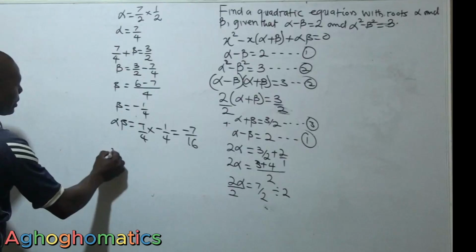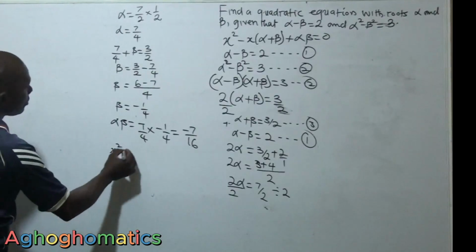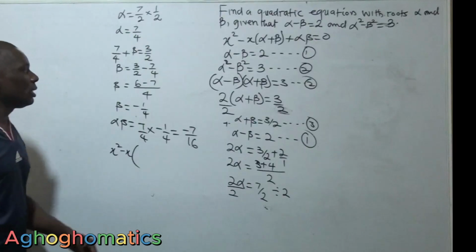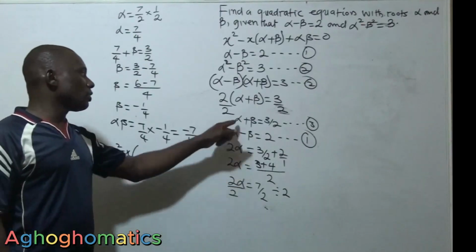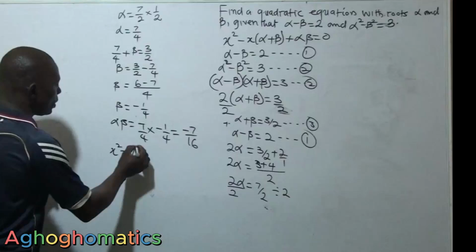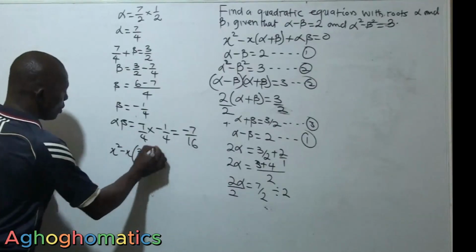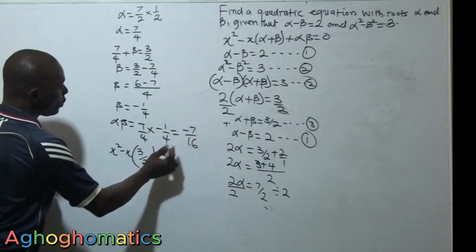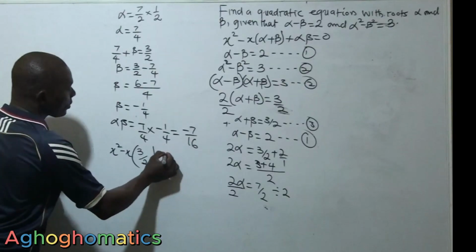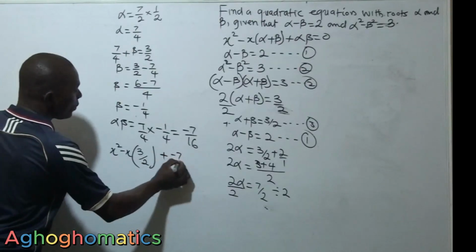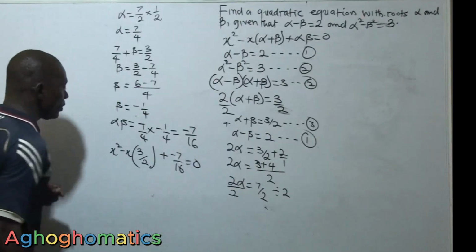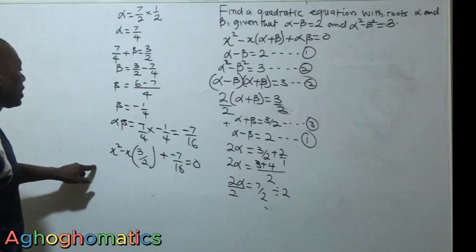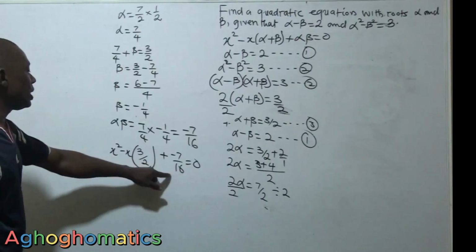We say x squared minus x, open bracket, the sum of the roots, which we've already obtained, is 3 over 2. So here 3 over 2, close bracket, plus the product of the roots, negative 7 over 16, is equal to 0. Then for us to proceed, we need to clear these fractions by multiplying through by the LCM.